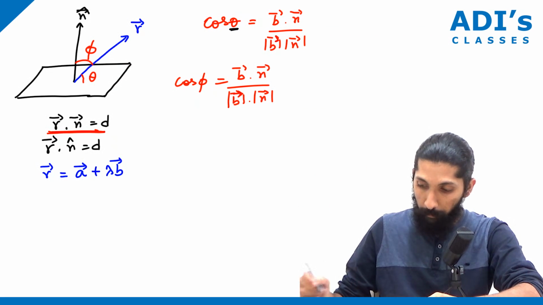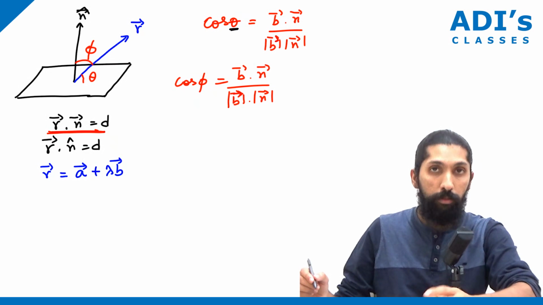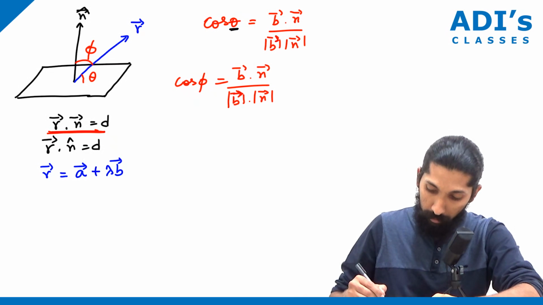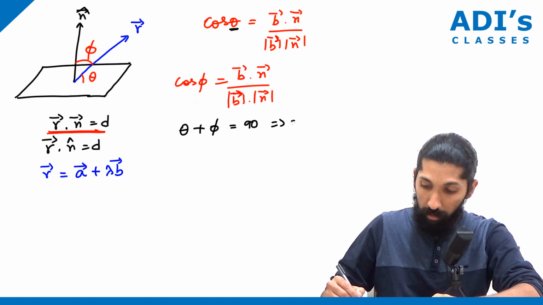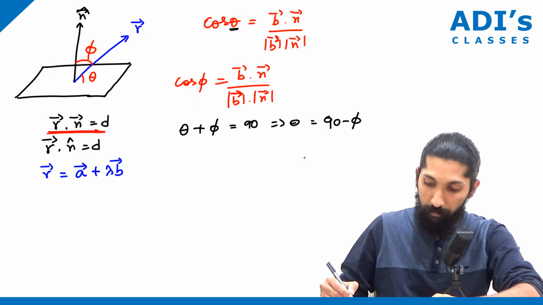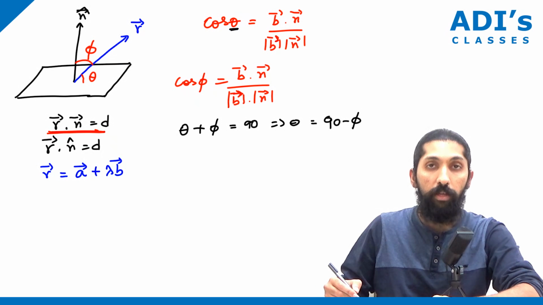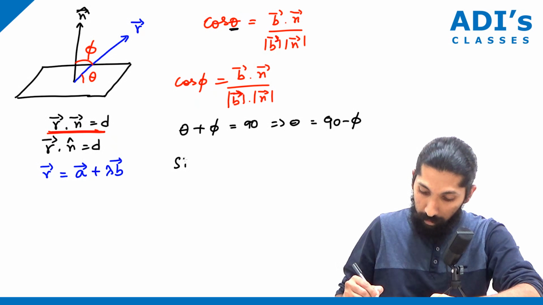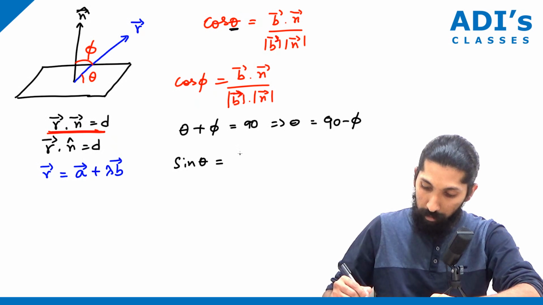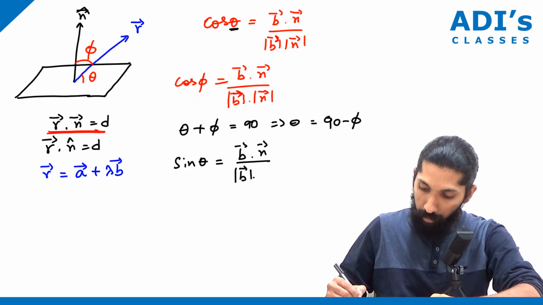So here what do we know? That phi plus theta is going to give us 90, correct? Here we have theta plus phi is equal to 90. So we need theta. So theta becomes 90 minus phi. So cos of phi will become sin theta, correct? So sin theta becomes b dot n by mod of b into mod of n.